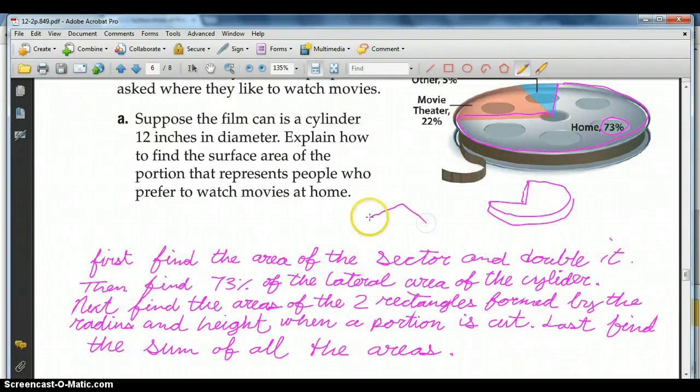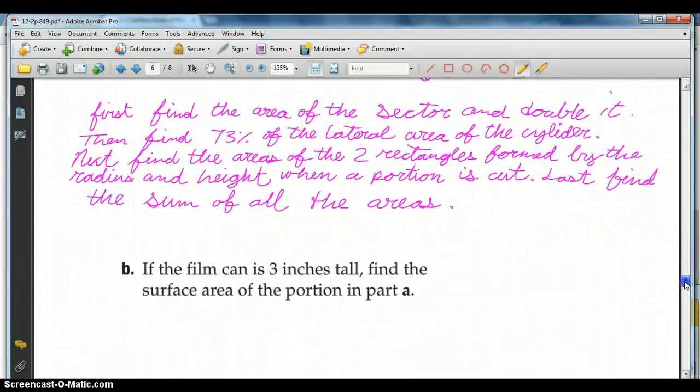If we drew it this way, we would see that for the block of cheese, we would have this rectangle in here and this rectangle here, which is made up by the height of the cylinder and the radius of the cylinder. And then lastly, we would find the sum of all those areas. And so that's what we're going to do in part B.